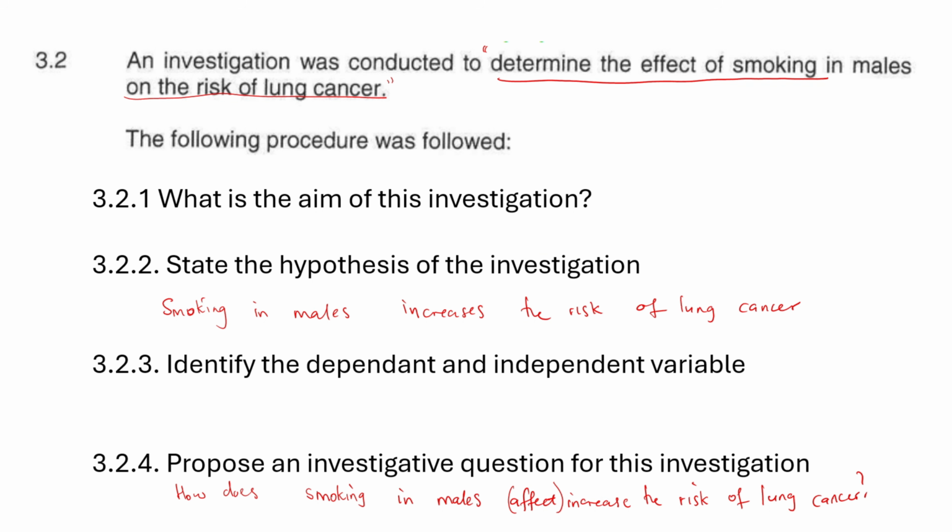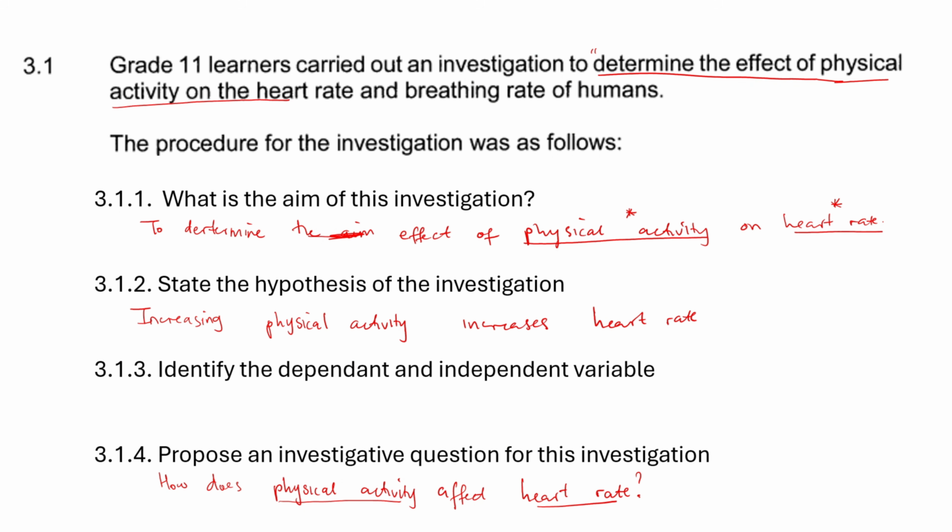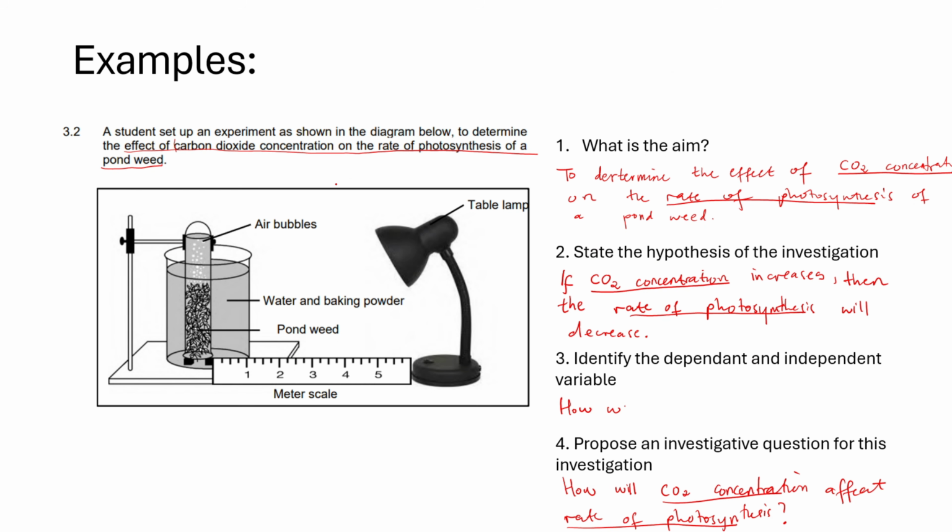So here we find it all in the first paragraph. How to determine the effect of carbon dioxide concentration. So the carbon dioxide concentration is actually our independent variable. Whenever they say effect of, whatever follows is what you will be changing.